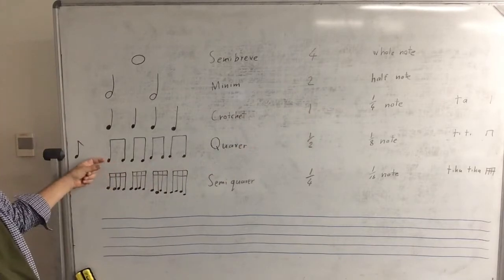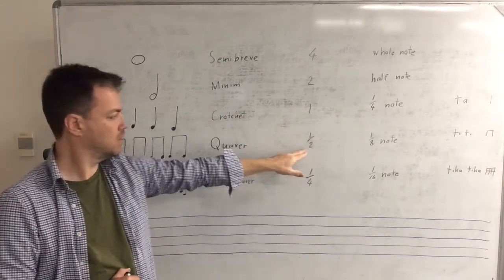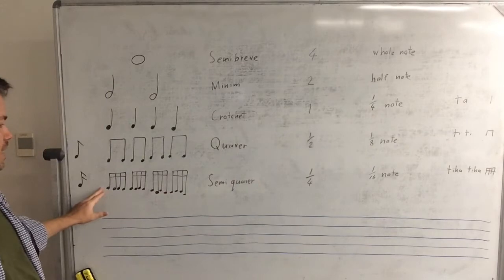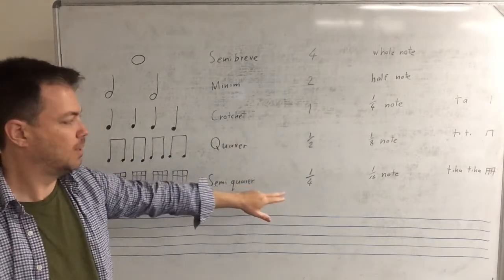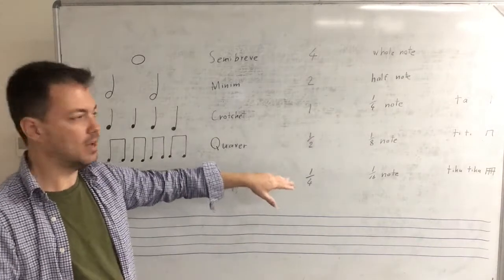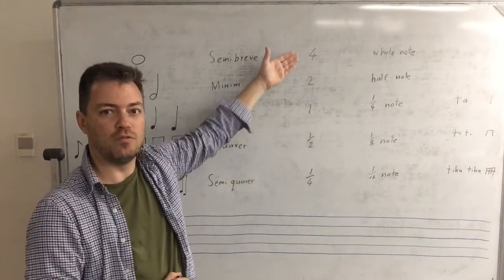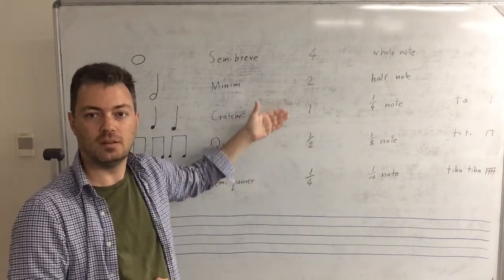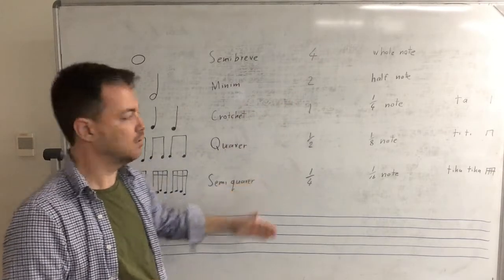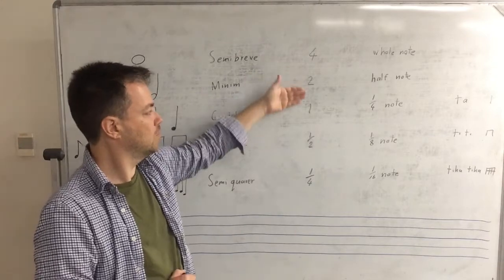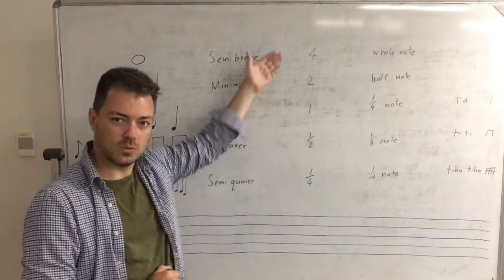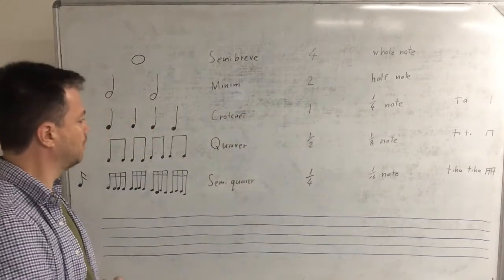These ones here are worth half a beat each. And these ones here are worth a quarter of a beat each. Now, for those who are mathematically inclined, you may notice that the value is just halving each time we go down a line. Okay, so it starts at 4 beats, it then goes to 2, 1, half and a quarter. So it's just getting halved each time.